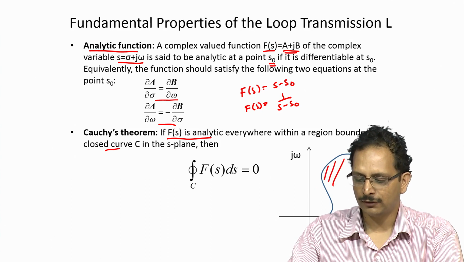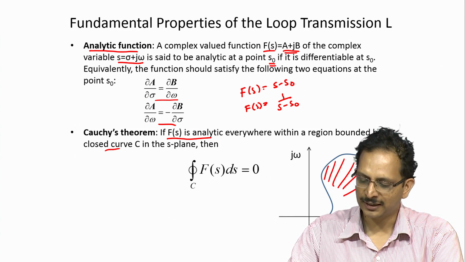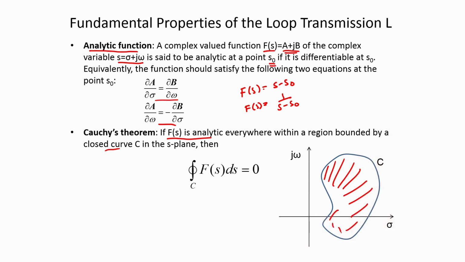So, if the function f of s is analytic everywhere inside this shaded area that is bounded by the curve C, then the contour integral of f of s along the curve C, which is given by the contour integral f of s ds, is going to be equal to 0.